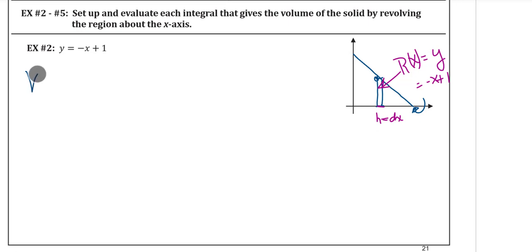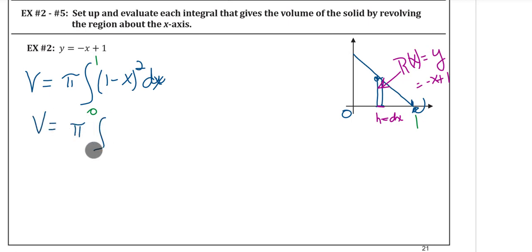So my volume is going to be pi times the integral, and we're going from 0, and this hits the x-axis here at 1. So from 0 to 1 of my r squared, 1 minus x squared, and then my w, which is dx. Multiplying that out, we get pi times the integral from 0 to 1 of 1 minus 2x plus x squared dx.